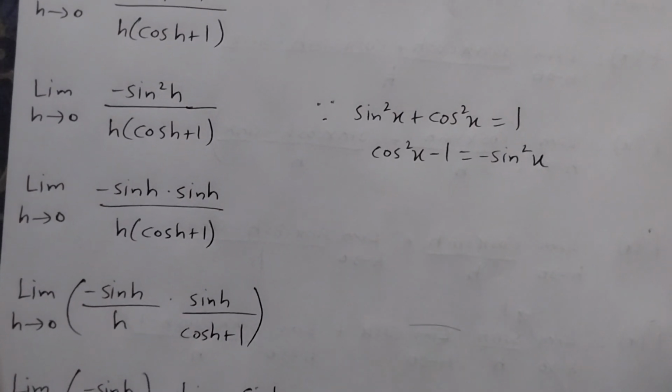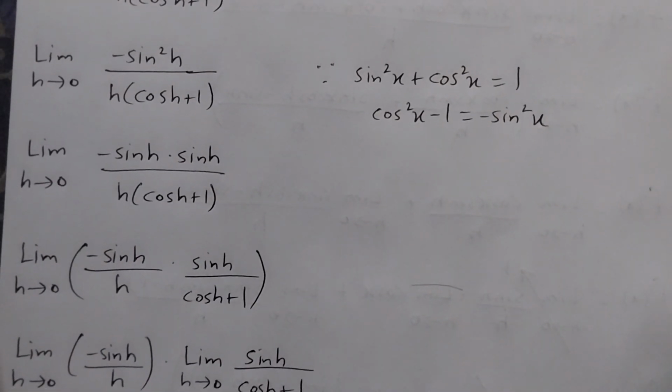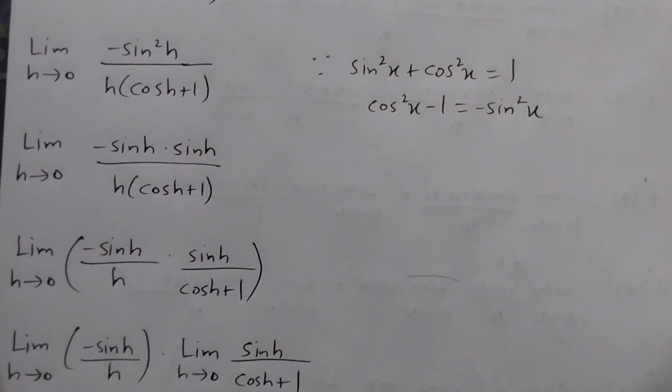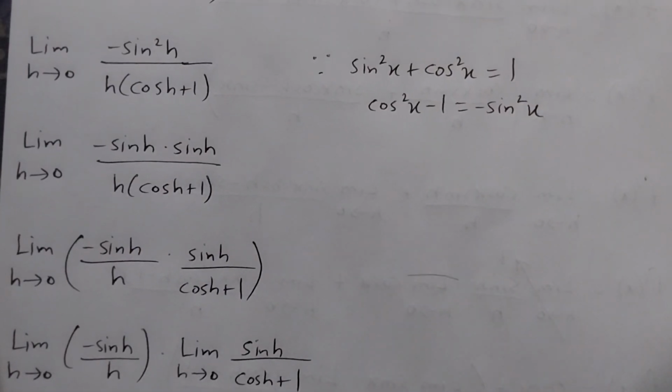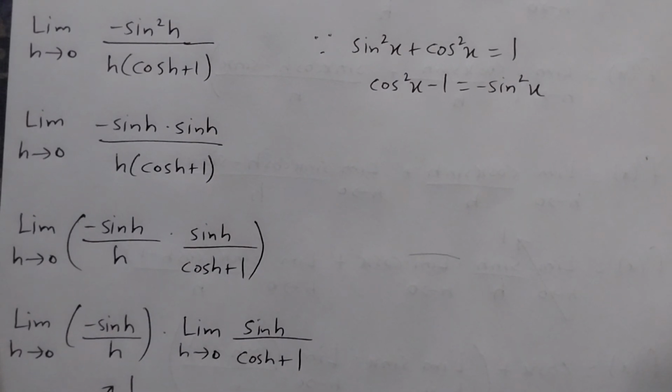In the numerator, we can write this as minus sin h into sin h. Simple. A into a is a squared, and there was a minus sign. So minus sin h into sin h over h into (cos h plus 1). Again, we want to use the product property of limits, so we'll separate sin h over h.